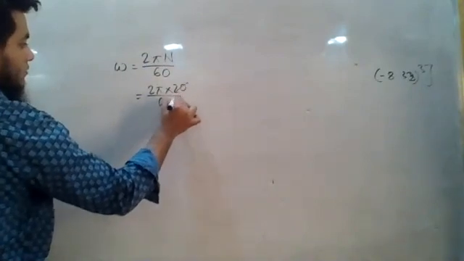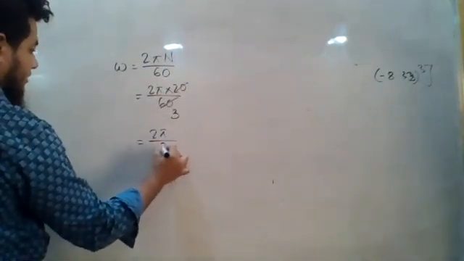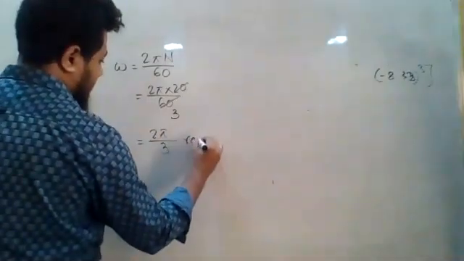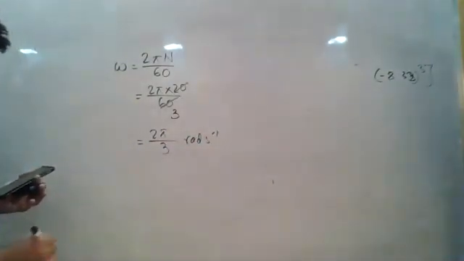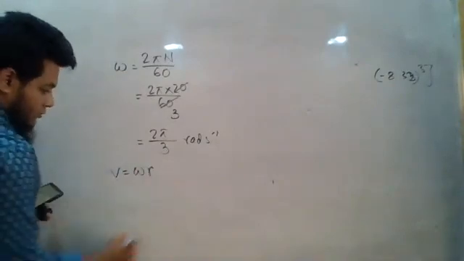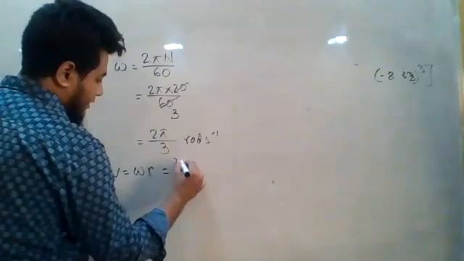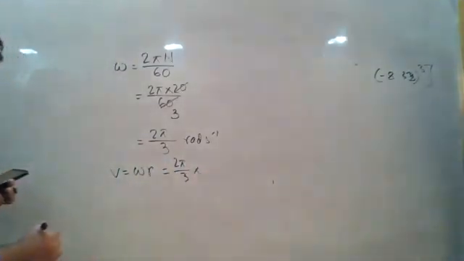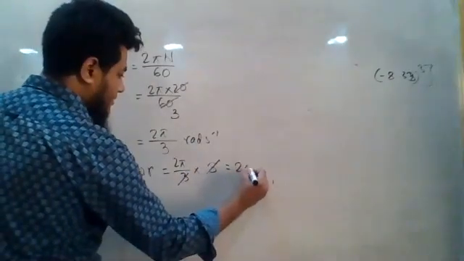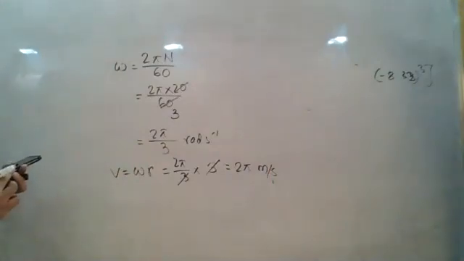Here it was 60. So 20 by 60 is 1 by 3. So it will have a 2 pi by 3. This is radian per second. Now this one we will use to calculate the linear velocity, as we know that v is equal to omega r. So omega is 2 pi by 3, and the radius of the rope was 3. So 3 will get cancelled. 2 pi meter per second. This is the linear velocity.